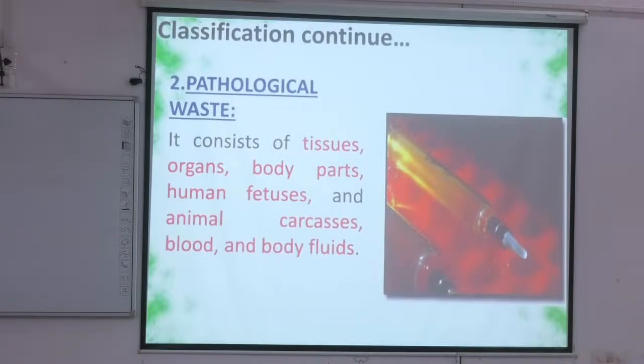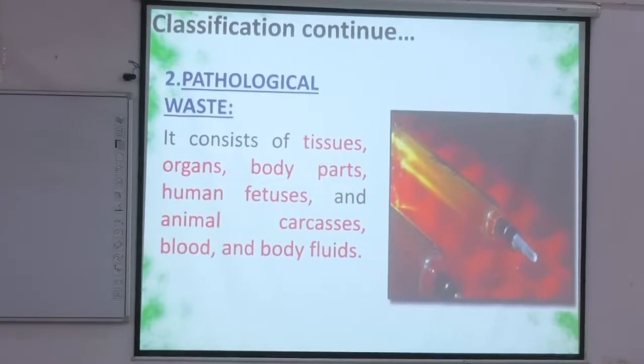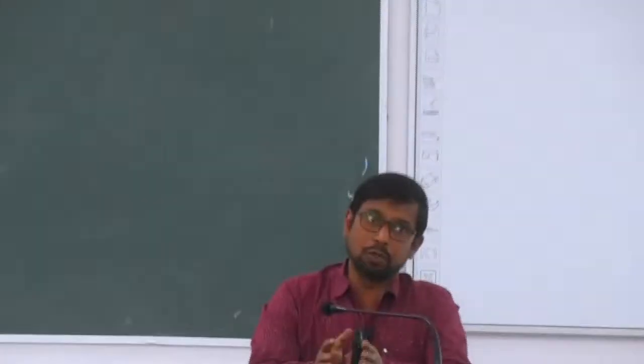And after that, in 2016, a new amendment came. They mentioned some color code: where the sharps will be discarded, where any infectious body parts will be discarded, where the plastic glasswares have to be discarded, like that.